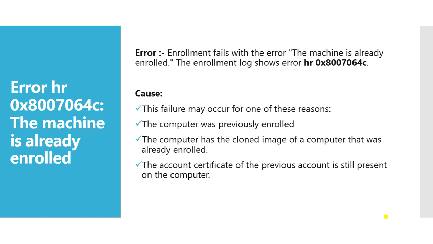If you already enrolled that computer and then you are trying to enroll it again, that is not possible. The scenario is, once you enroll it and suppose you de-enrolled it, and again you are trying. That means as you are trying multiple enrollments, there will be some data conflict and you will get this error.